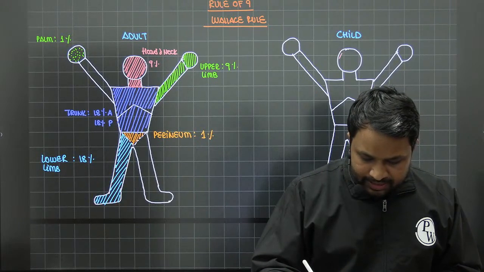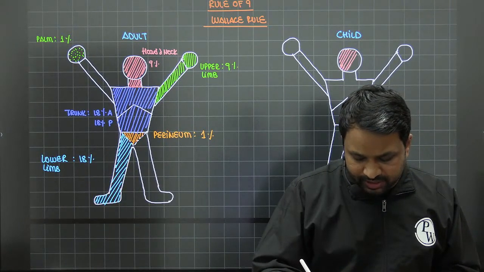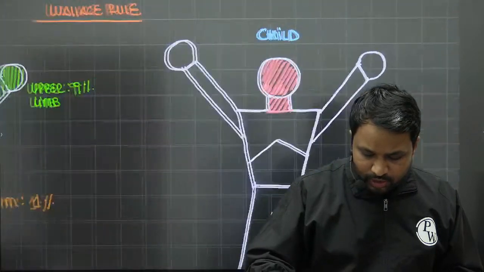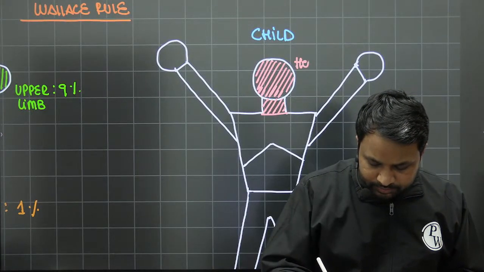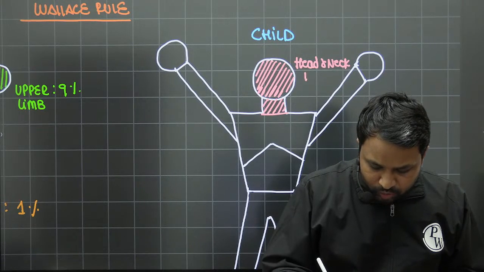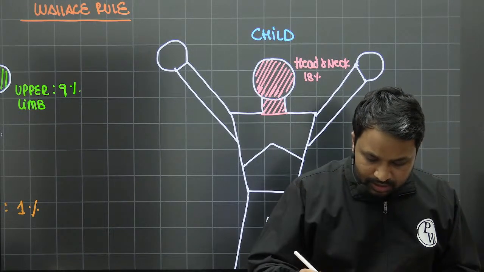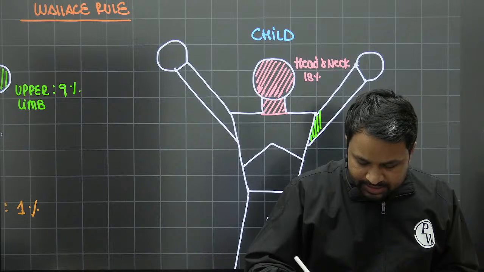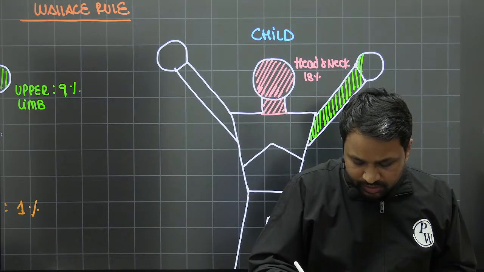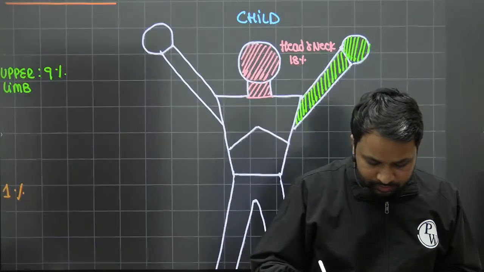Same thing when you look at the child. What is the variation in the child? The head and neck in the child is going to account for 18%. So the child's head and neck is going to be more, 18%. The upper limb of the child remains the same, 9% total.